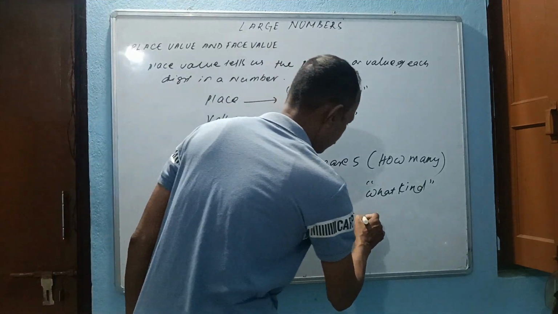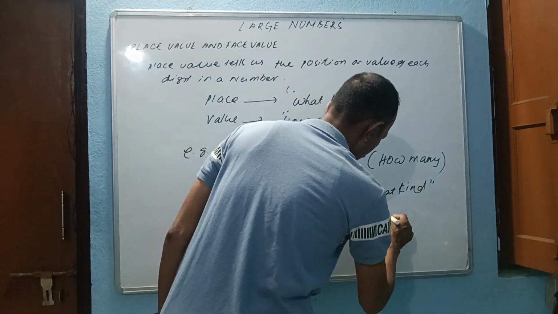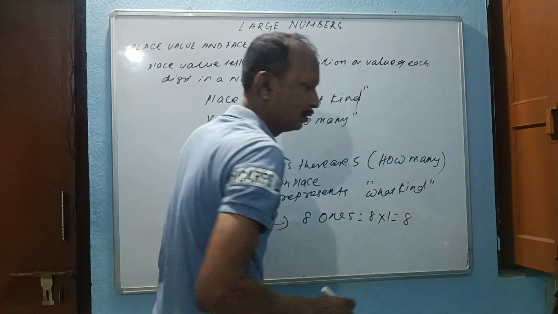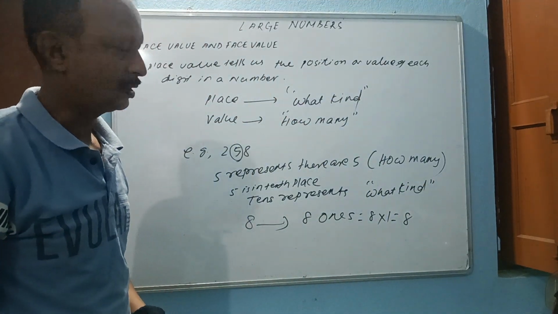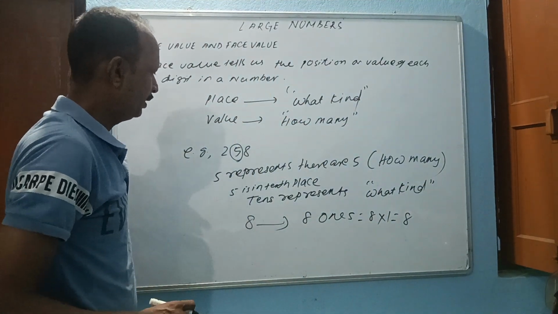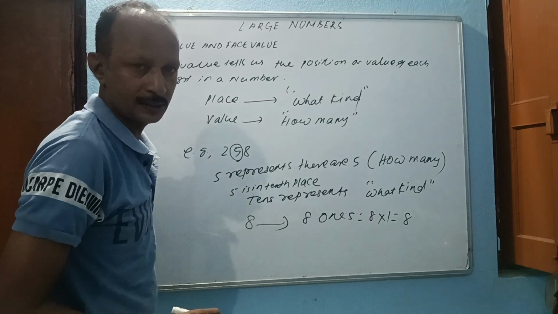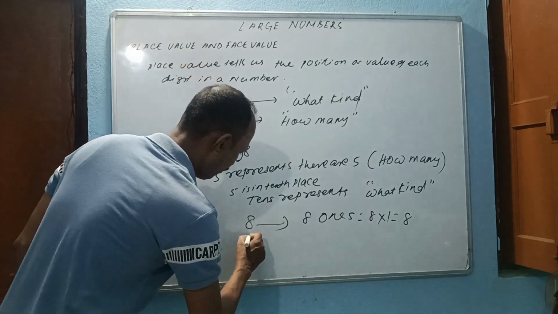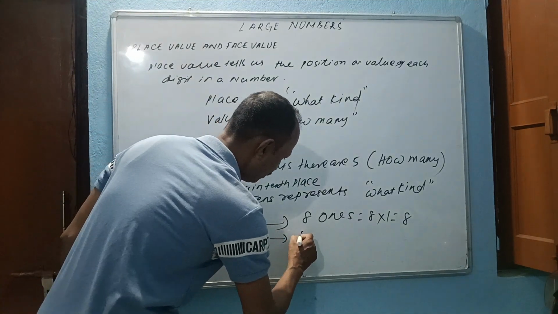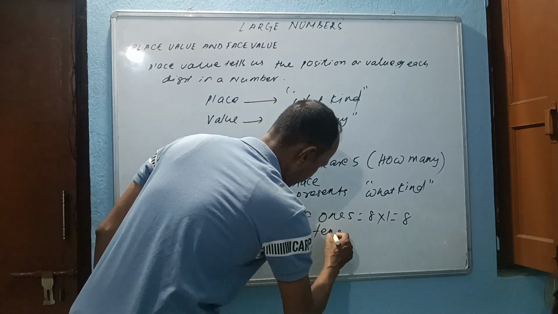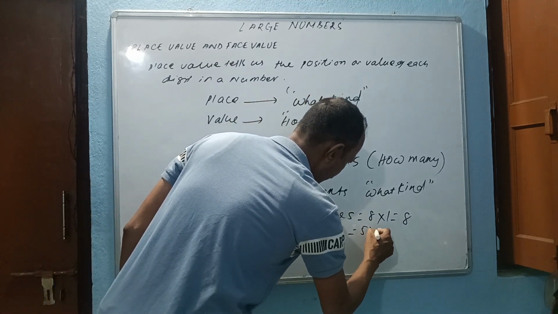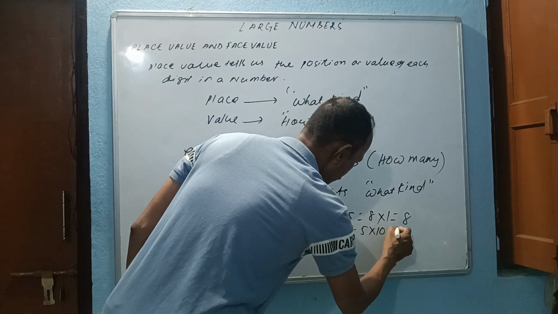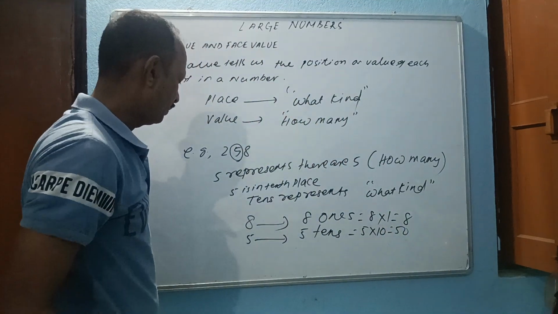That means 8 into 1 is equal to 8. Here 5 is in tens place. That means 5 represents 5 tens. That is equal to 5 into 10 is equal to 50.